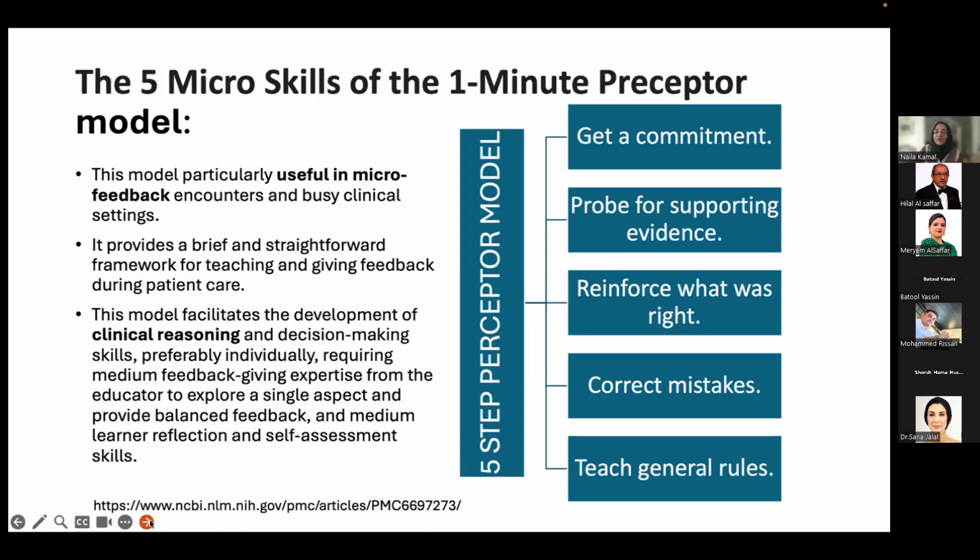This is one of the micro feedback methods, and it is ideal in a busy clinic or a busy ward round, where you can do this. And the plus point is it increases the clinical reasoning, decision making and logical thinking of the learner. So these are the soft skills, which are actually the most important skills.